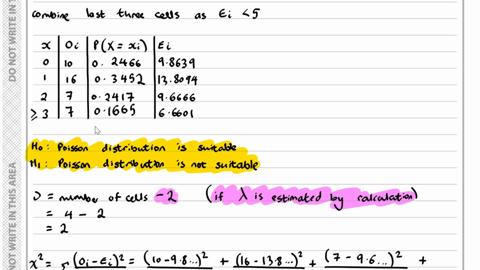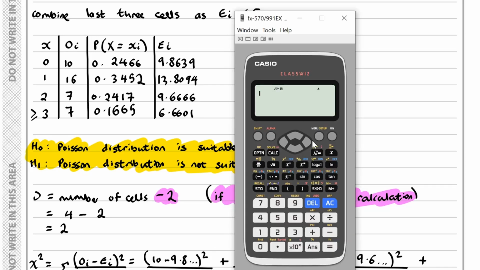So working out our test statistic, well, we have A, which is this, and then we multiply that by 40 to get this.